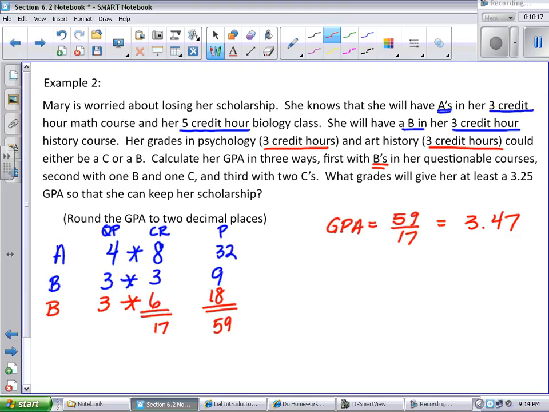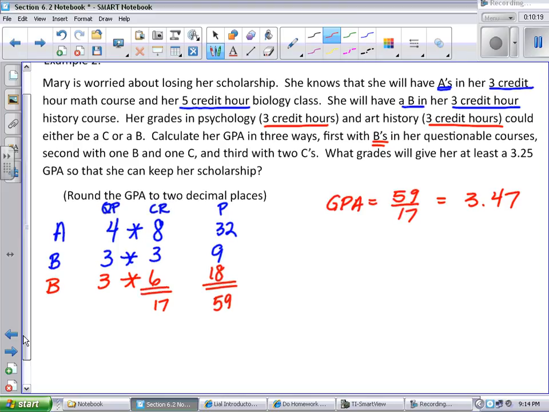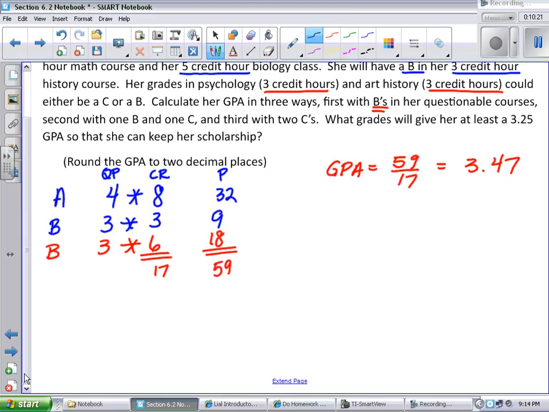3.47 for her GPA. Now, what if we change this and we say the first two lines are going to stay the same? She's still going to have an A and a B. 4 times 8 is 32. 3 times 3 is 9.